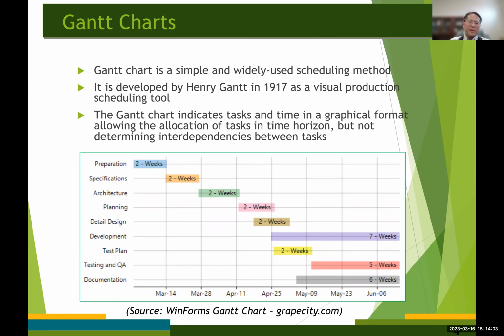But the problem is, it's not easy to show the interdependencies between tasks or activities. And it also doesn't show which tasks are critical to finish the project on time. So this is where the CPM, the critical path method, comes in.